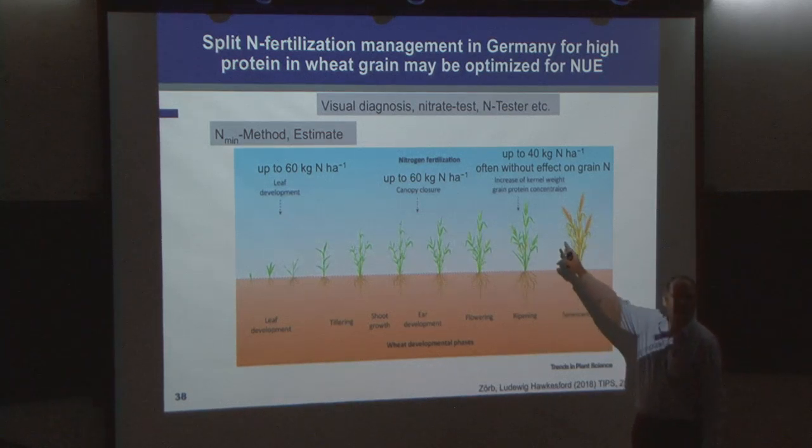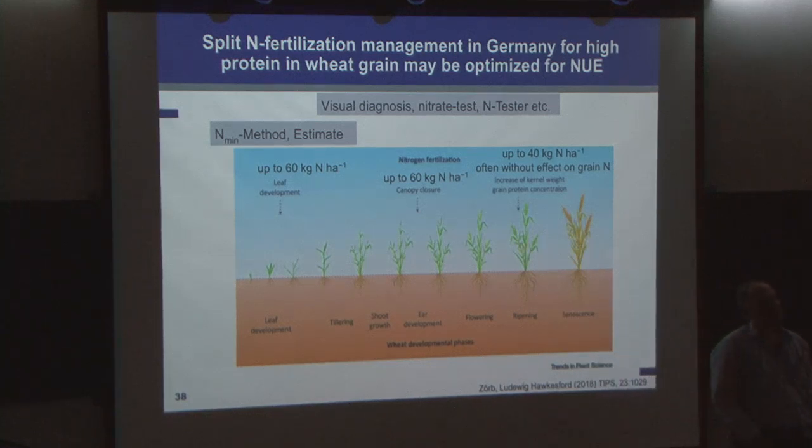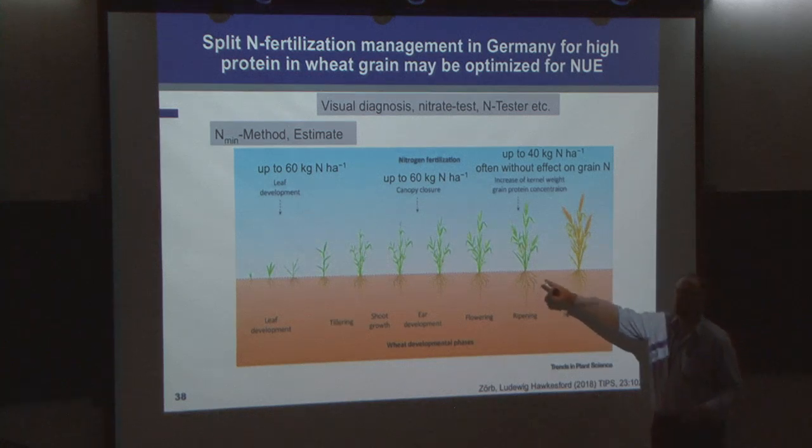And many experiments have looked at this last fertilization step, and nowadays it's very often found that it does not increase grain protein. So farmers should omit it. These 40 kilograms are only for the environment.